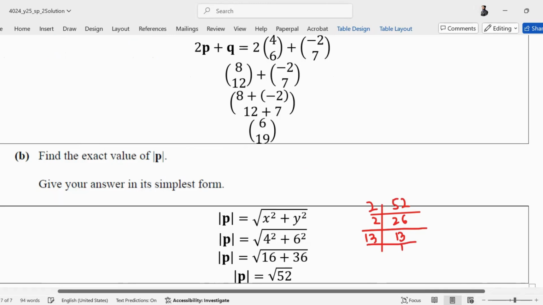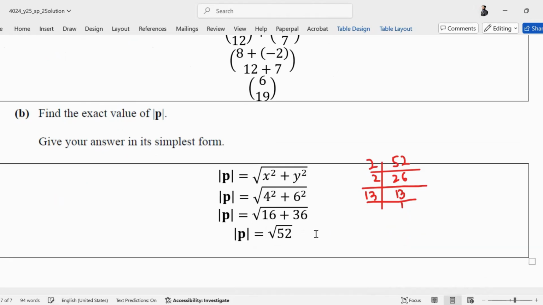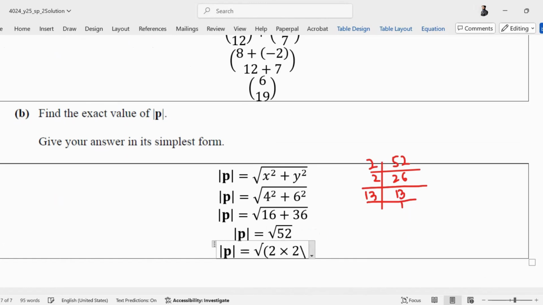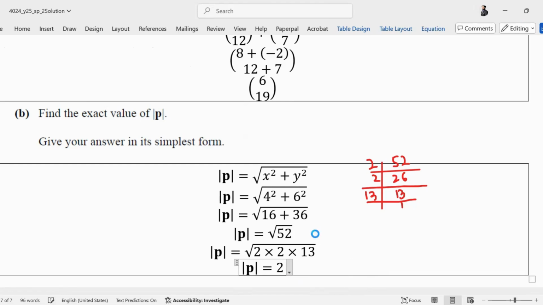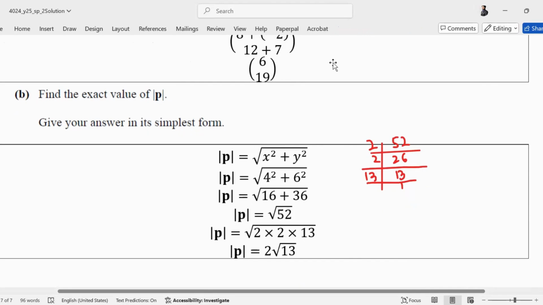So this is basically 2 into 2 into 13. So 2 will come out of the root, and only 13 is what remains inside the root.